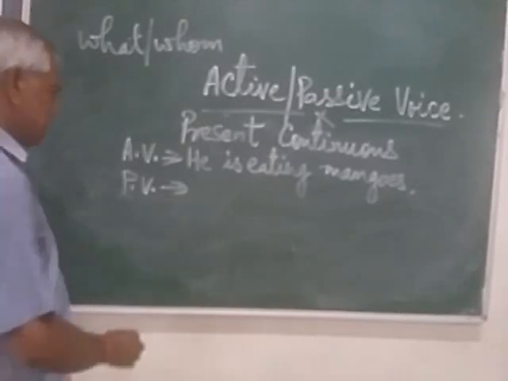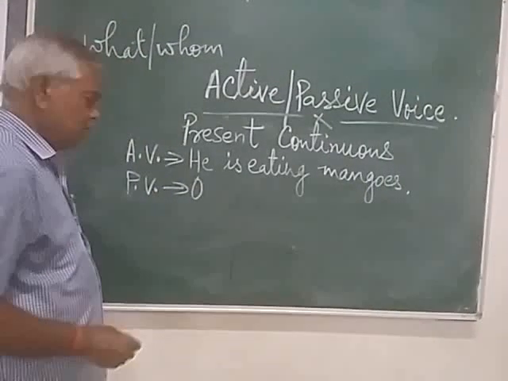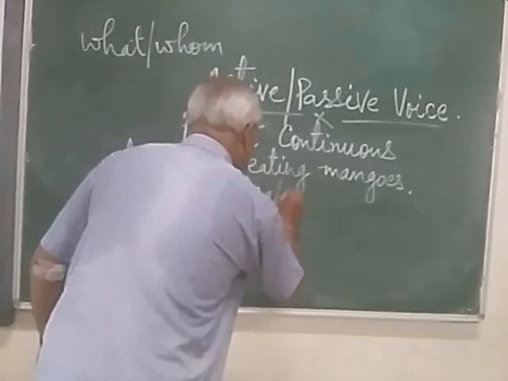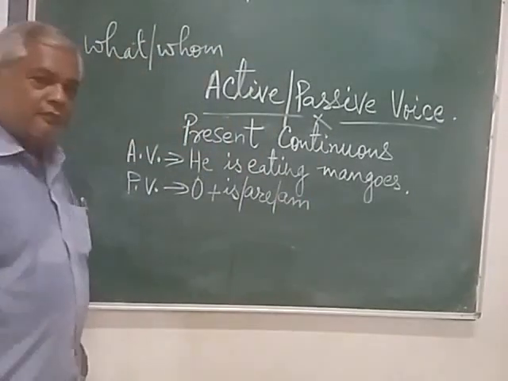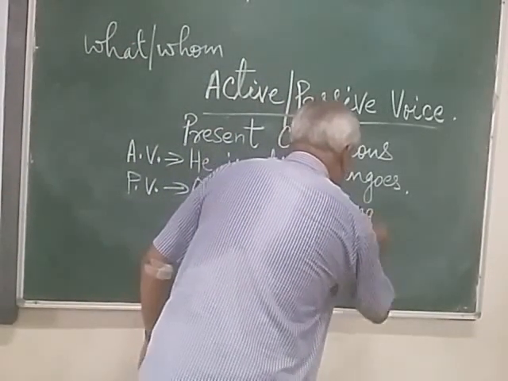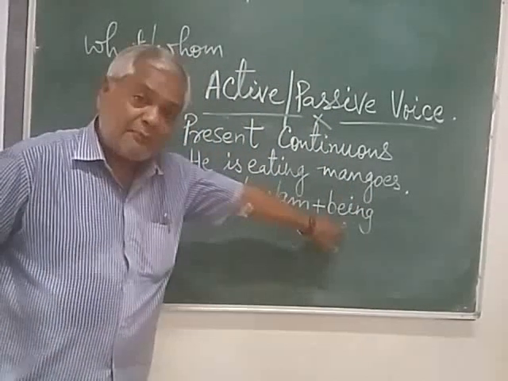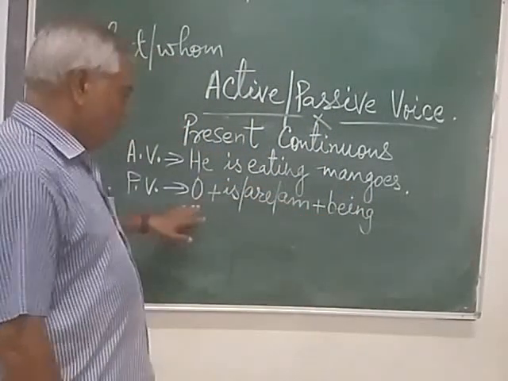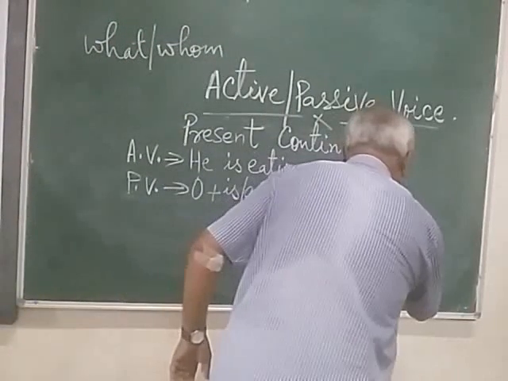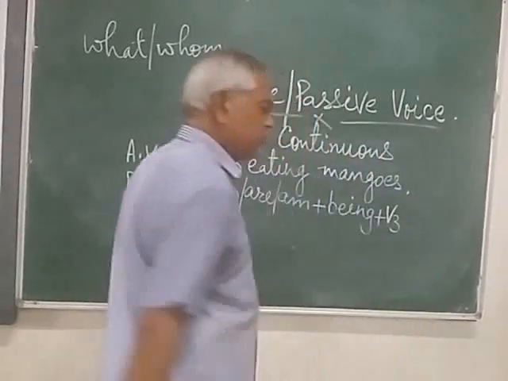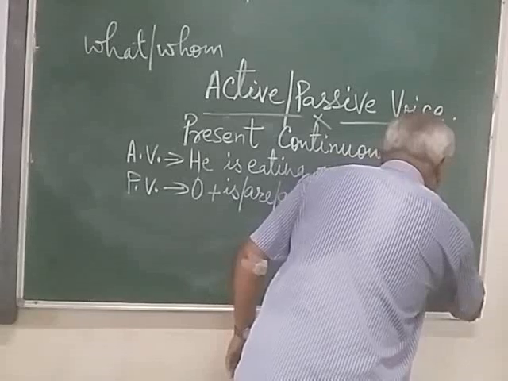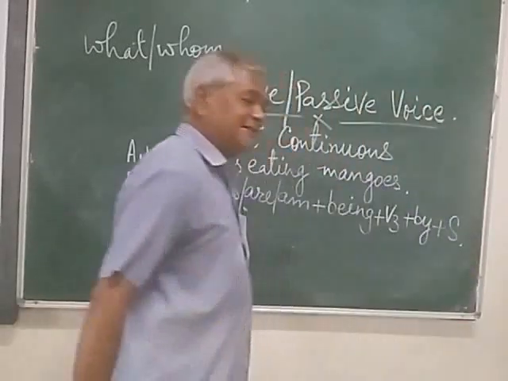So its structure will be object plus is/are/am, then after that the word being, one special word that you have to use. Object, is/are/am, being, then after being, V3, then the word by, and then in the last, the subject.